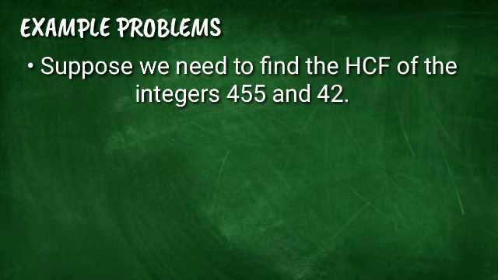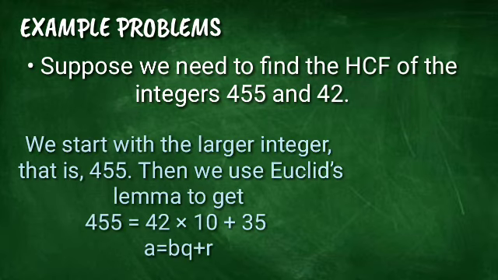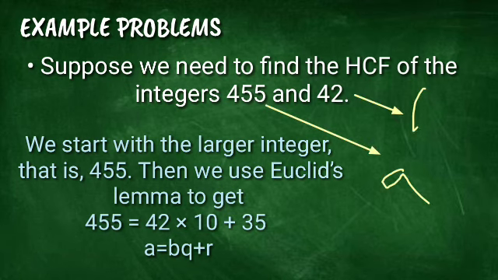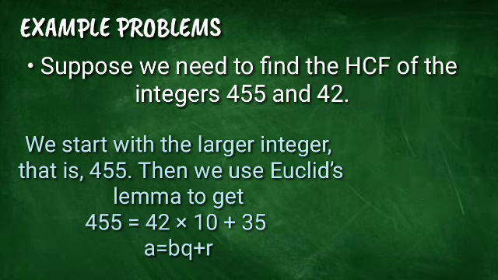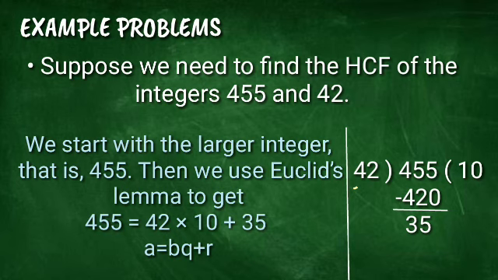Now let us understand the statement of Euclid's division lemma by solving an example problem. Suppose we need to find the HCF of the integers 455 and 42. By the statement of Euclid's division lemma, let us consider the larger number 455 as A and 42 as B. Now divide 455 by 42, that is, 42 tens are 420. 455 minus 420 is equal to 35.